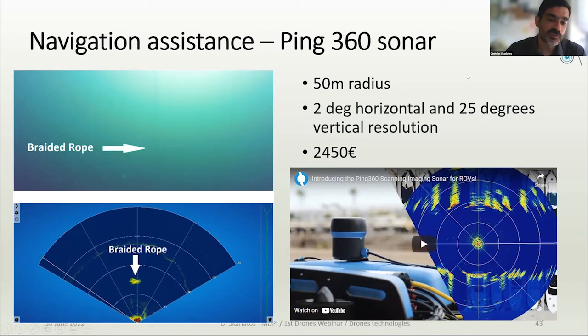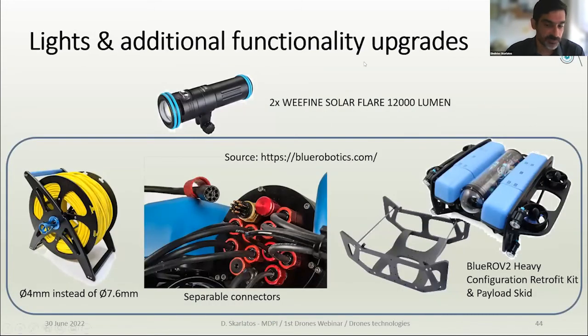So hopefully if you land within, let's say, 50 meters of the shipwreck, you don't have to move around; with this 360 sonar you can see where the shipwreck is and navigate yourself directly to it. So this is an affordable solution which will provide some assistance with the navigation.